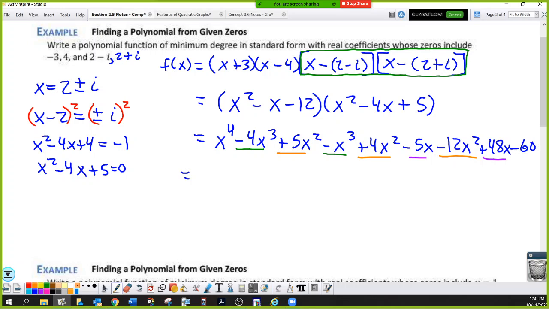I'm sorry, plus 48, because it's negative 12 times negative 4x. Final result: x to the 4th minus 5x to the 3rd minus 3x squared plus 43x minus 60. There it is. Made my life just that much better.